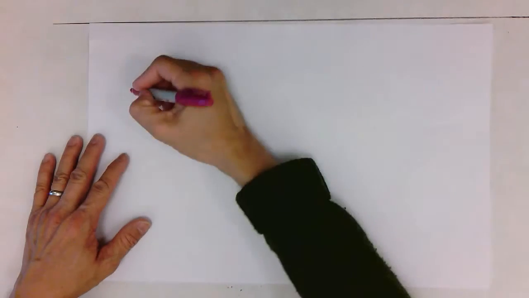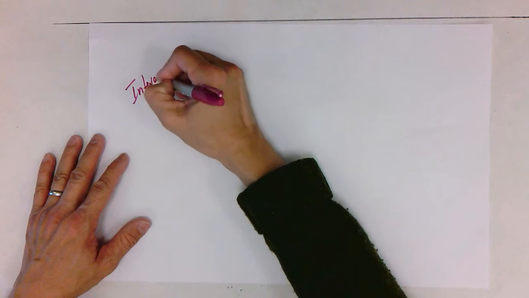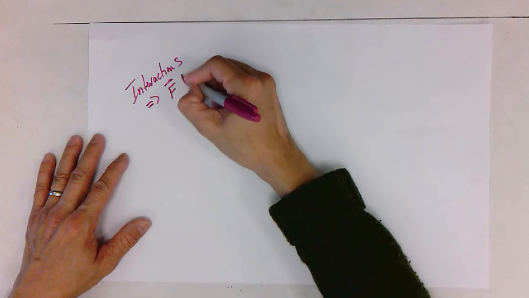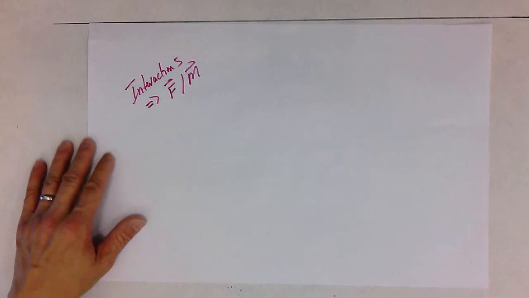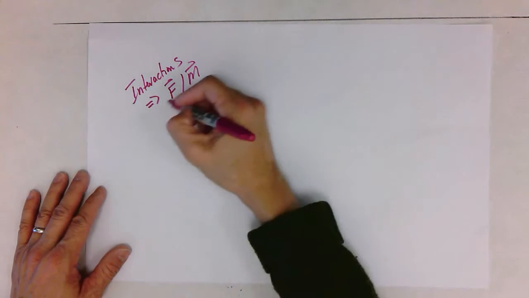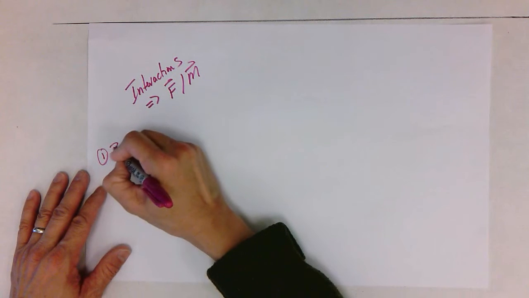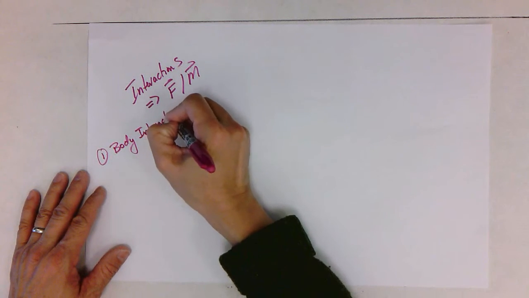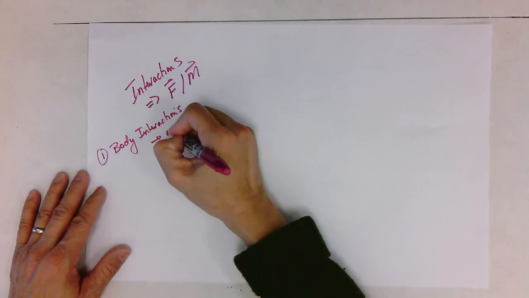Okay, so let's look more at the interactions. Again, the interactions with the real world are represented on the free body diagram as external force moments. Now I'm going to divide these up into two categories. I'm going to call these body interactions, and these act over the entire volume.